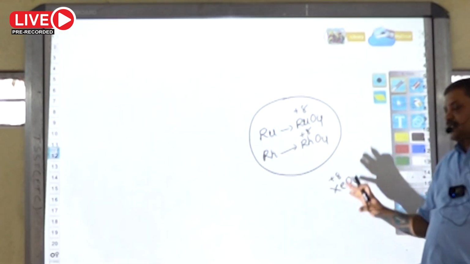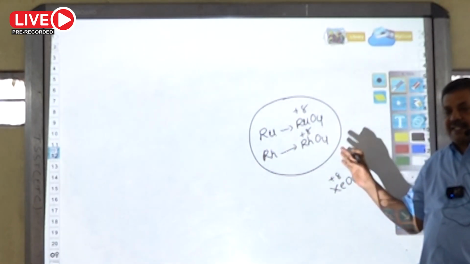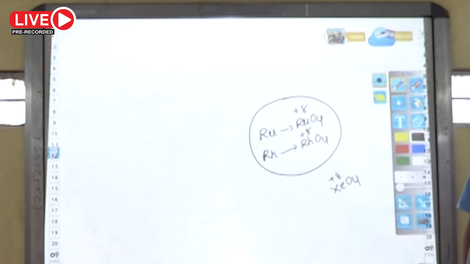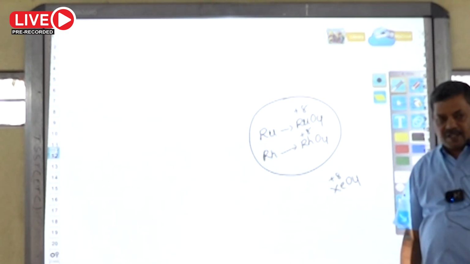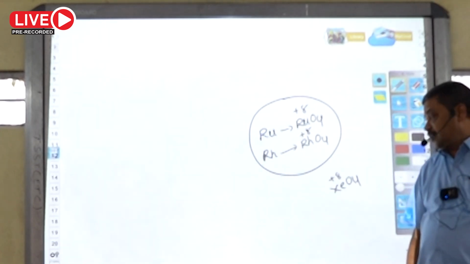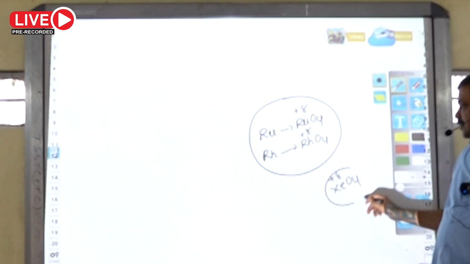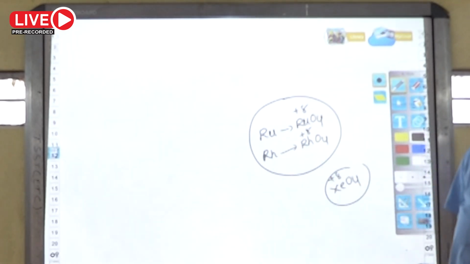So in the entire syllabus, you have the +8 state in only 3 compounds. All these 3 are tetroxides: ruthenium tetroxide, rhodium tetroxide, xenon tetroxide. This is a p block element. These 2 are d block elements.